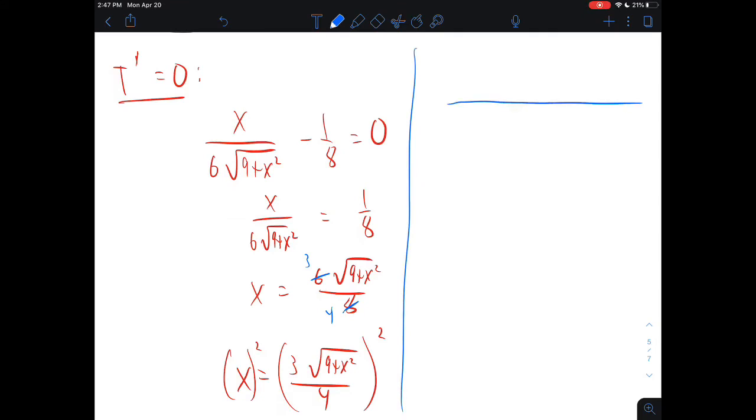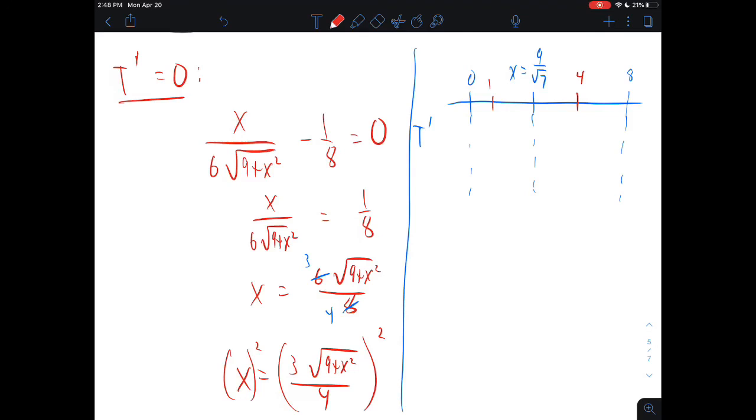Our x values are only going between 0 and 8, and it's somewhere in between, which is 9 over the square root of 7, something a little bit more than 3. And I want to look at what happens to my derivative, t prime, in those two intervals that are sitting right there. So I'll choose a test point, like 1 and 4.